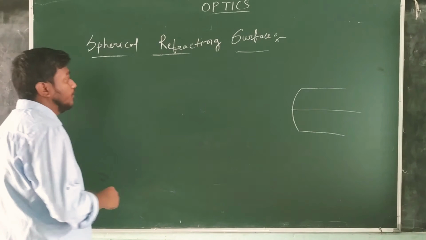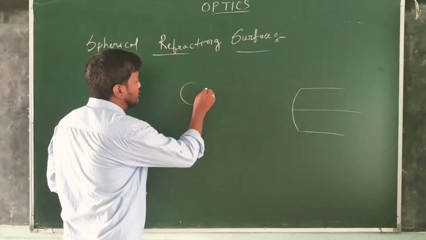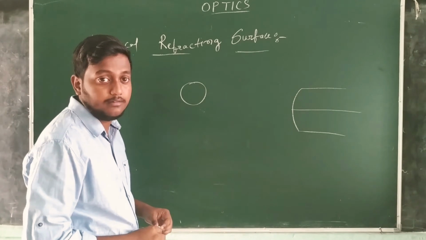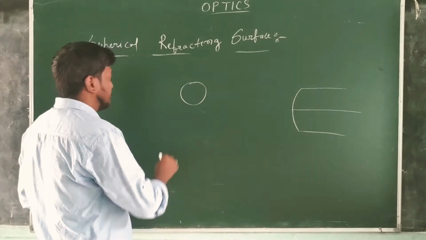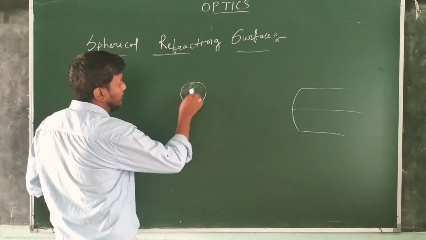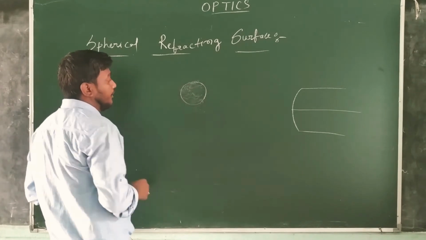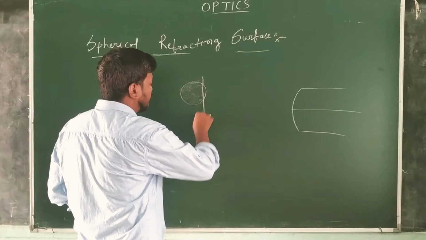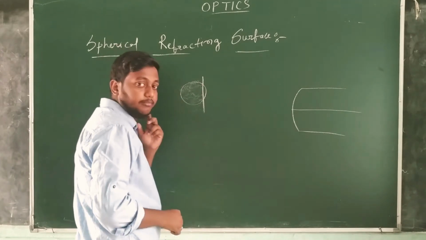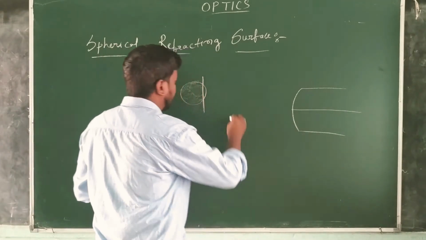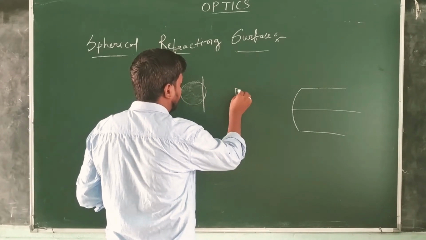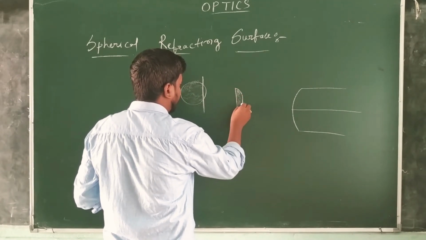we have to take one solid sphere, a transparent solid sphere, a glass sphere. Now, if we cut one slice from here, then it will be like this.